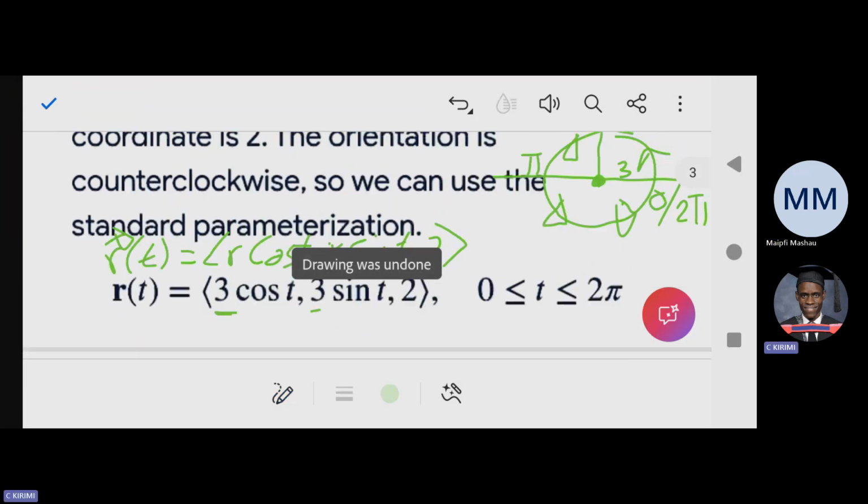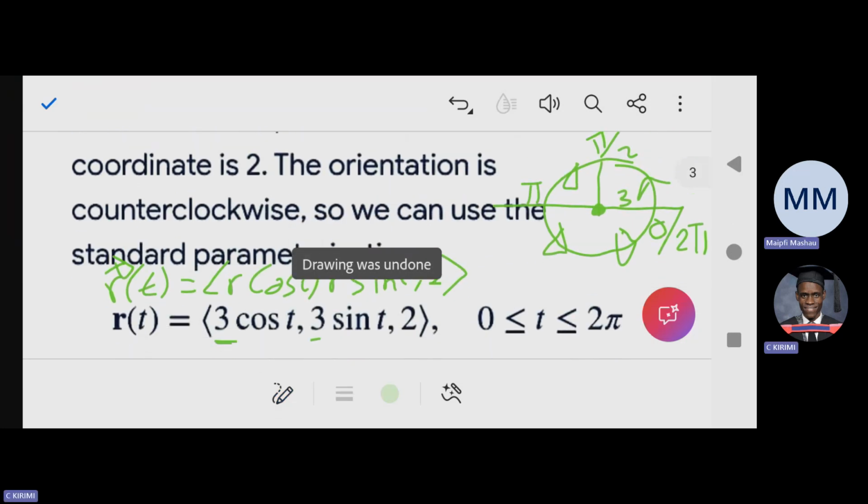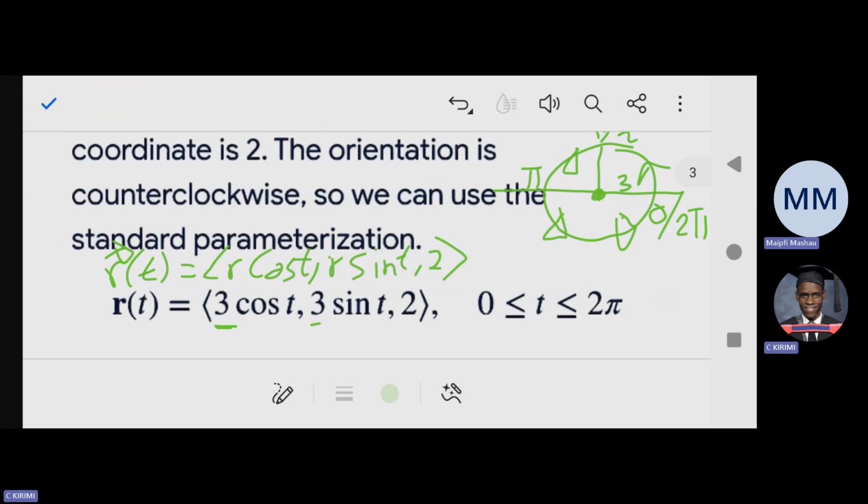My t, where I am saying cos t, ranges from 0 up to 2 pi.